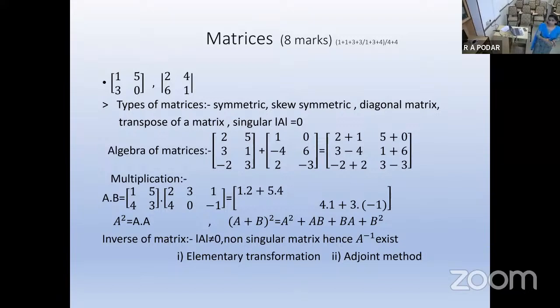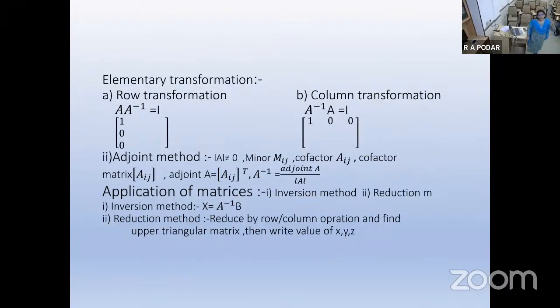Inverse of a matrix. In the question paper there is a question: find the inverse of the given matrix. If they write the proper method, then you can apply that. There are two methods: elementary transformation, and if they have given row elementary transformation, then apply that properly; or if the adjoint method is given, then apply adjoint. In elementary transformation there are two methods, row transformation and column transformation.